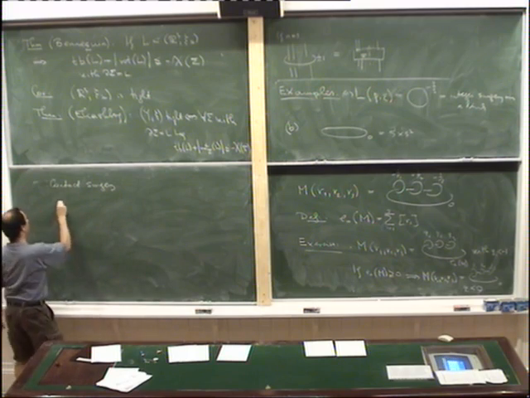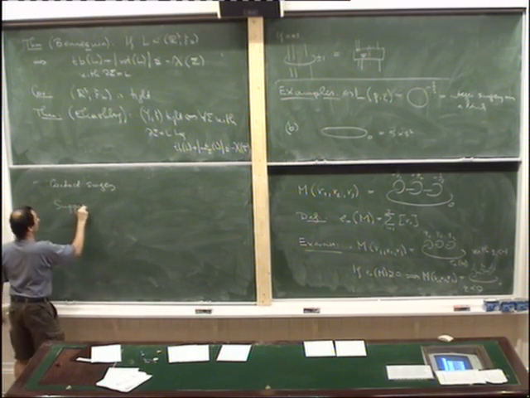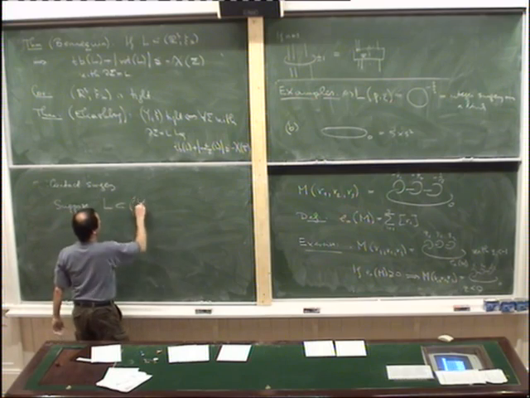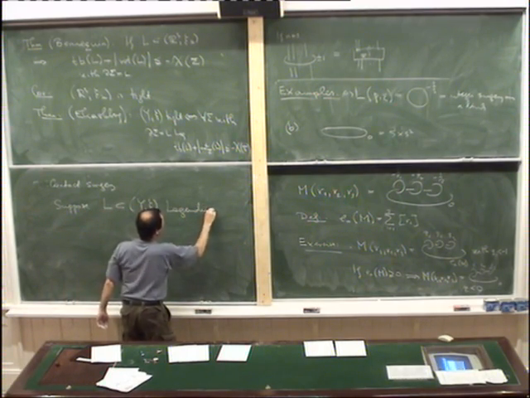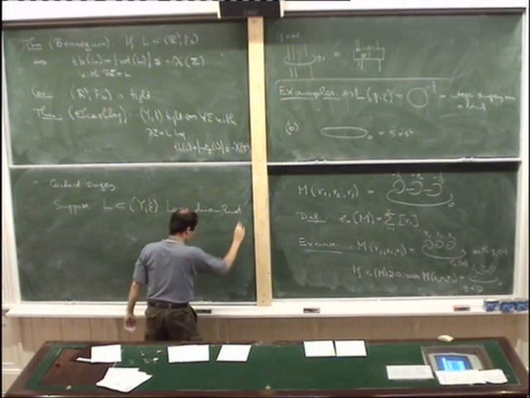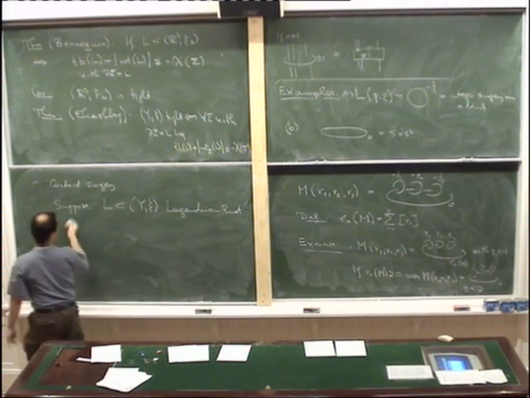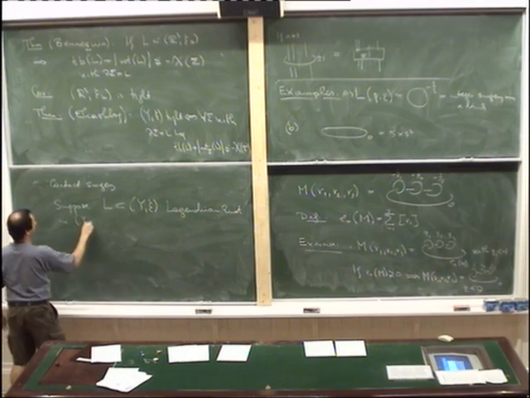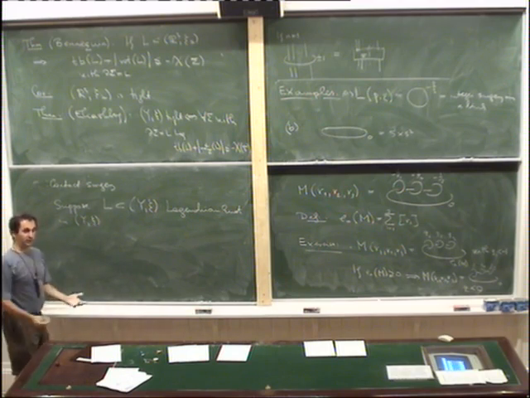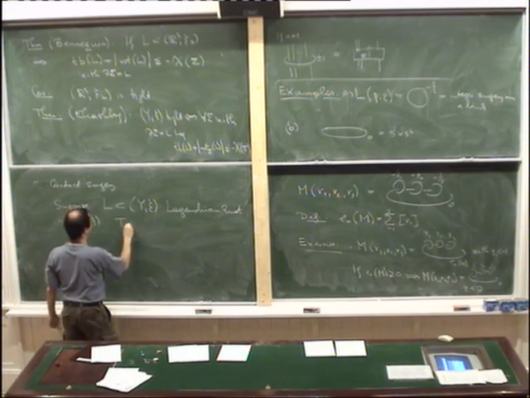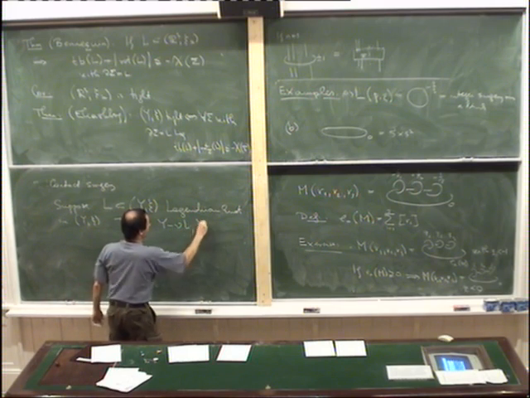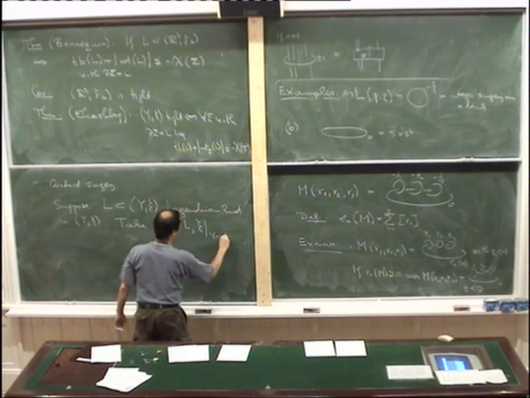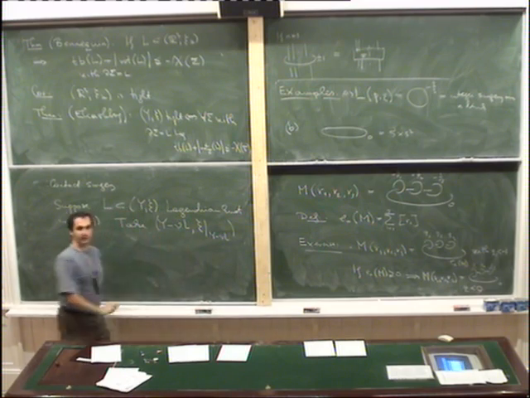So suppose L is a Legendrian knot in a contact three-manifold (Y, xi). Then what we can do is the following. Take Y minus the neighborhood of this curve, which is still a contact three-manifold.